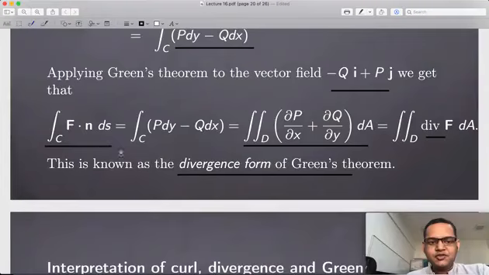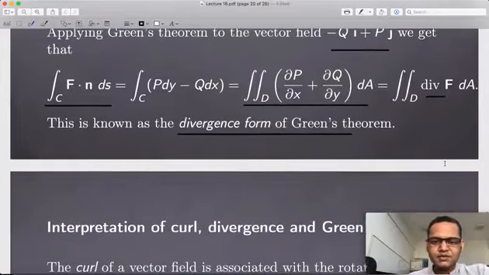Okay, and you get two different versions of Green's theorem. Sometimes they are called first and second versions. Here I am calling it divergence so that it's easy. When you simply say Green's theorem, generally you consider the first statement, which is the integral of the tangential component, but when you say second or divergence form, you mean this.